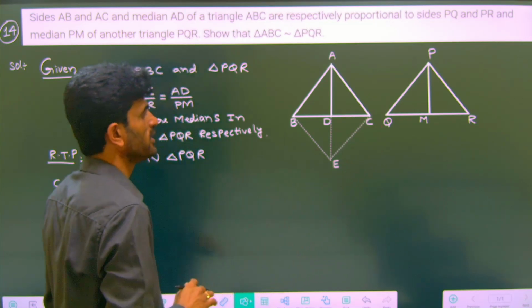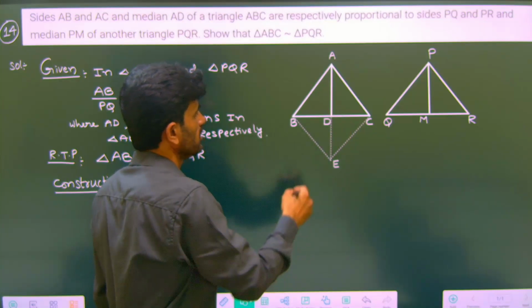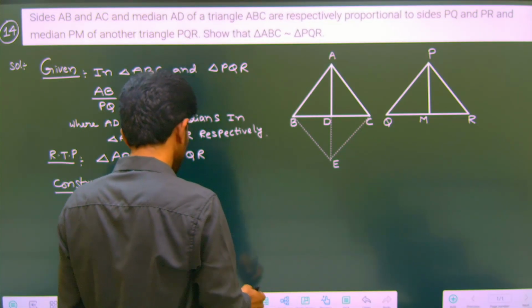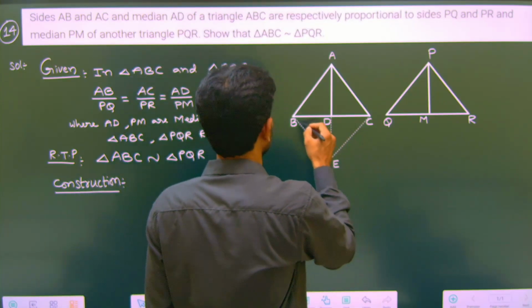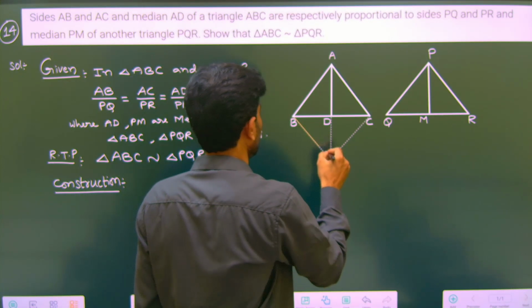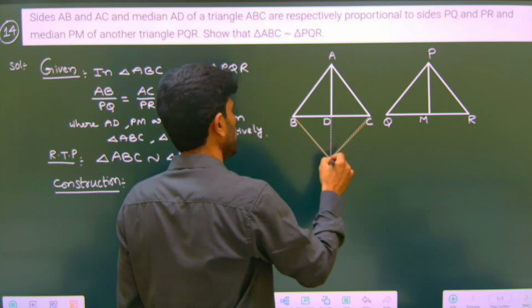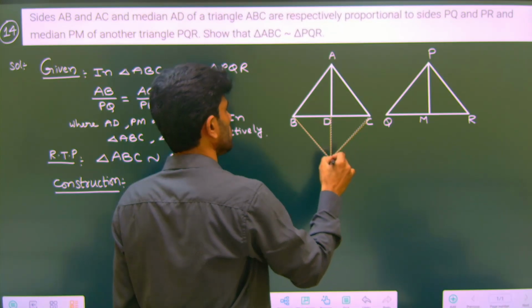Hope you understood what I did here. Extend AD to E, then join BE and CE.